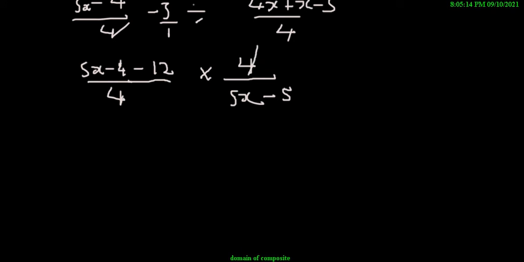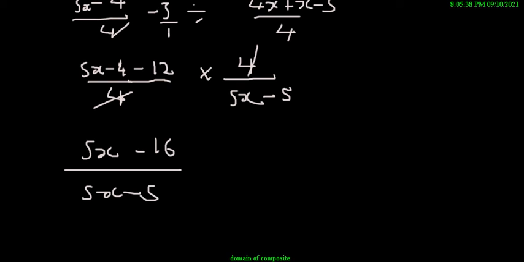You can see that the 4s cancel out. Here we have 5x, and negative 4 minus 12 is negative 16, over 5x minus 5. Now we're finding the domain of this one.